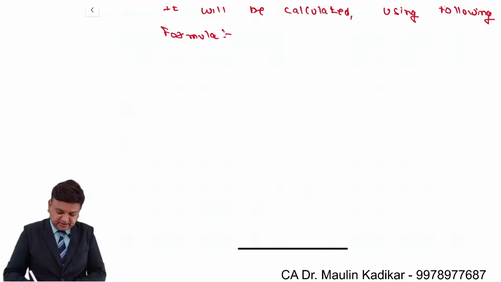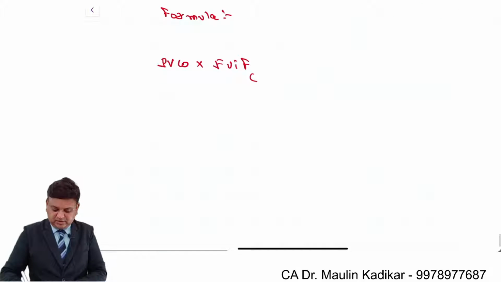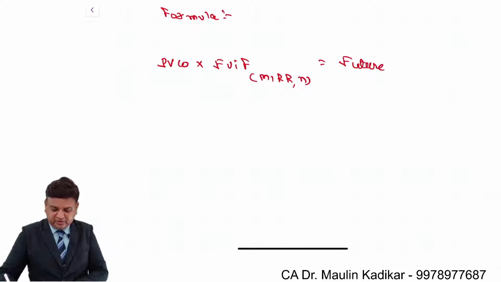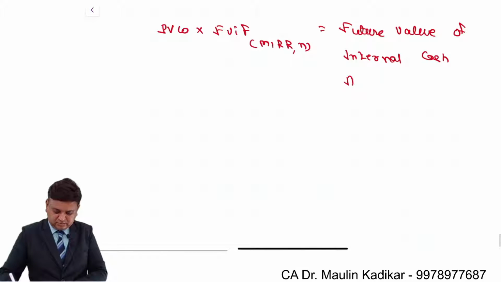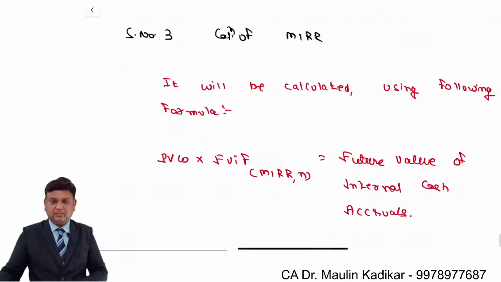So we'll apply the formula like this: present value of cash outflow into future value interest factor at MIRR, modified internal rate of return, for n number of years is equal to future value of internal cash accruals. This is the way we will compute the modified IRR.